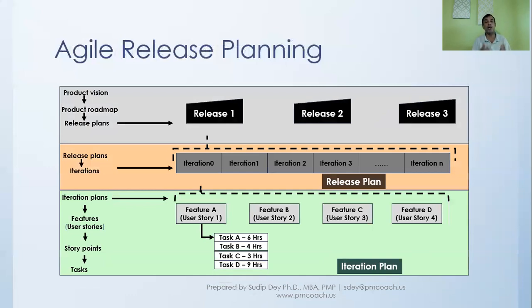So this is how we have planned feature A, user story 1. Similarly, we go to feature B, feature C, feature D, and then this will give us iteration 0, then again iteration 1, iteration 2. So this is how we plan release in Agile. This is the Agile release.